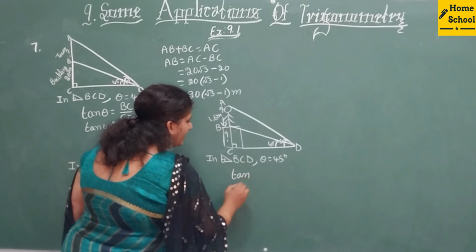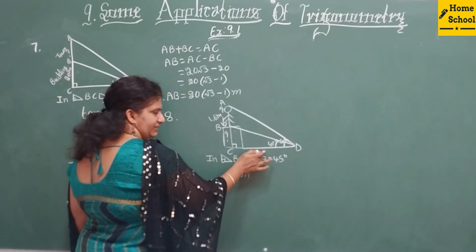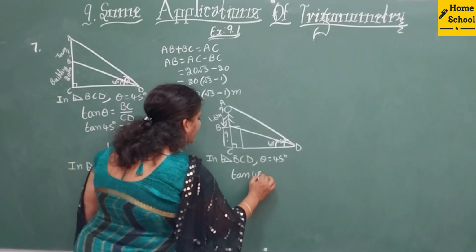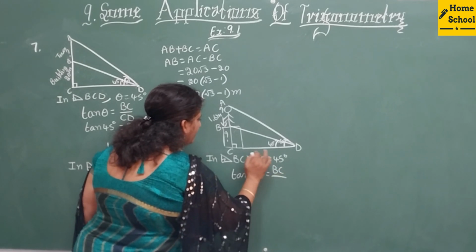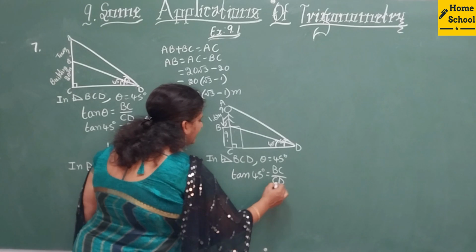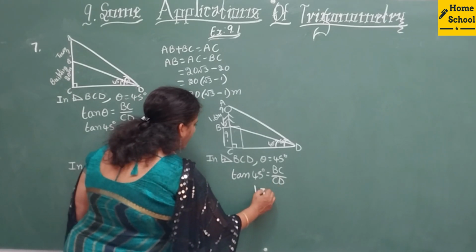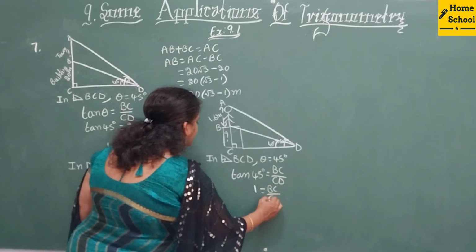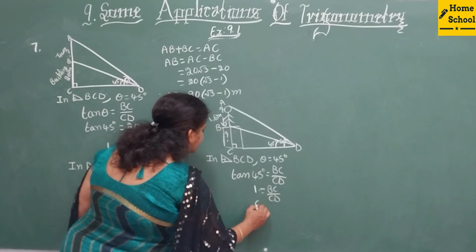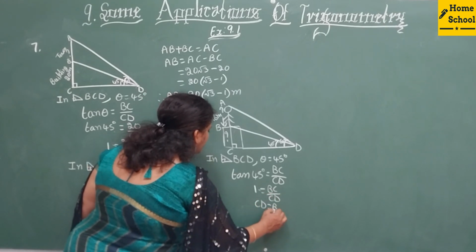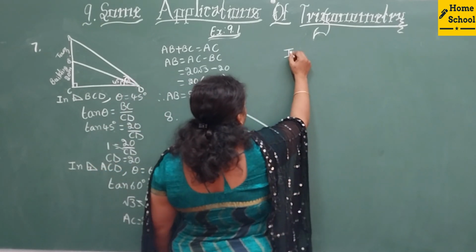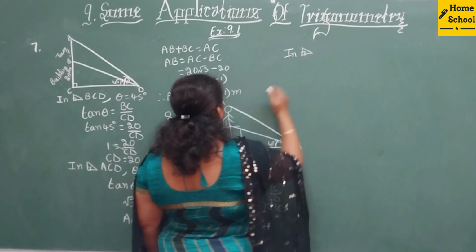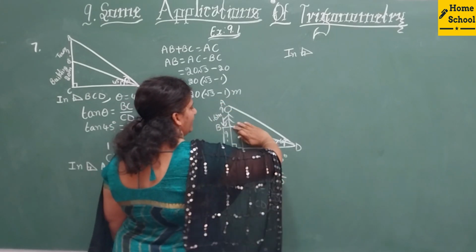Tan, why tan? Opposite, adjacent. Tan 45 degree is equal to opposite BC by adjacent is CD. Tan 45 value is 1. 1 equal to BC by CD. Send this CD this side. CD is equal to BC. Now consider big right triangle. In right triangle ACD, forget about BD.